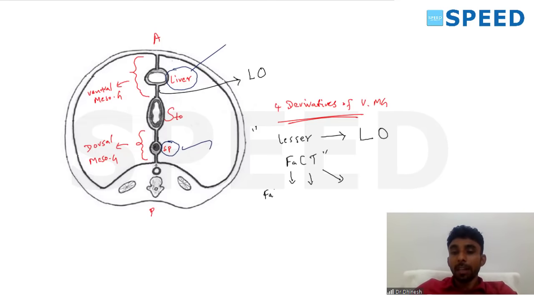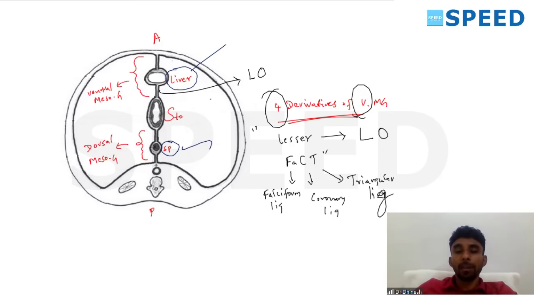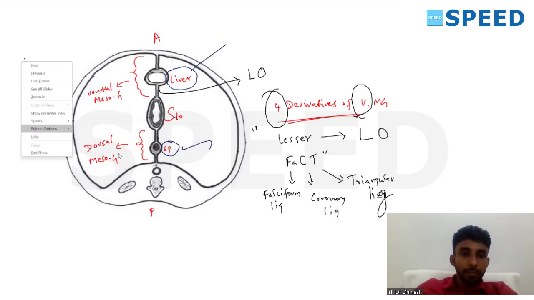FA is representing the falciform ligament, C is coronary ligament, and T is triangular ligament. So these are the 4 derivatives of ventral mesogastrium. Fine.